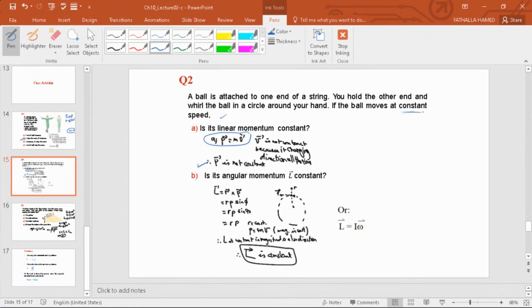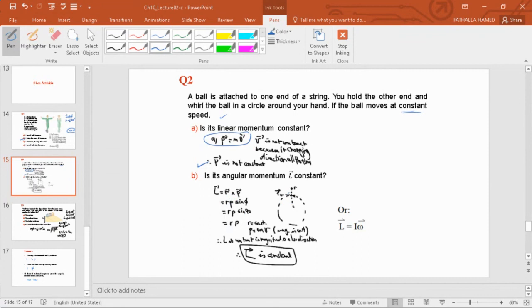Now, when you talk about angular momentum, it is equal to r cross p. So the magnitude is r times the magnitude of p times sine phi. When you look at the circle, you'll find that they are perpendicular to each other, and sine 90 is equal to 1, so you get rp.